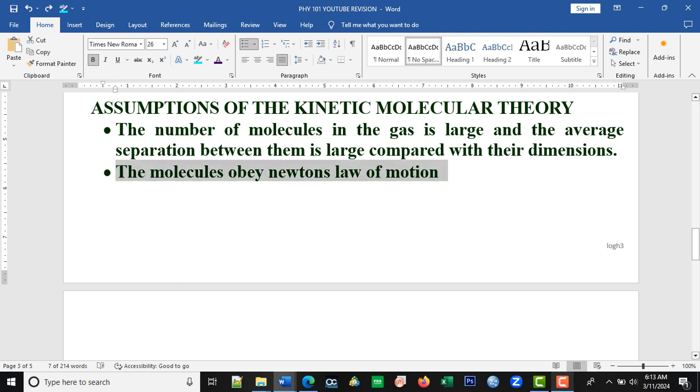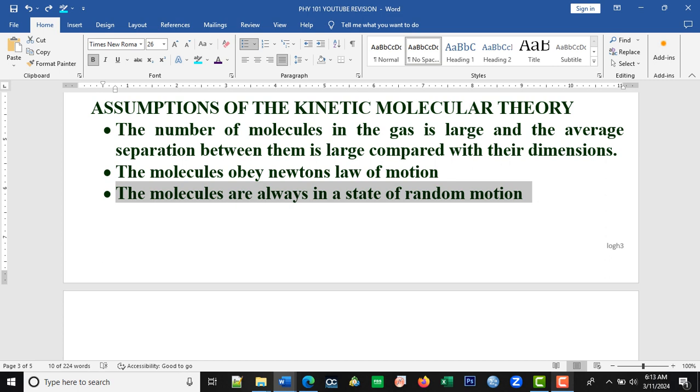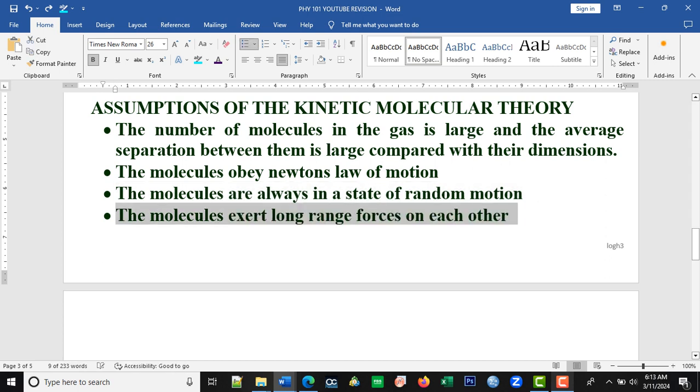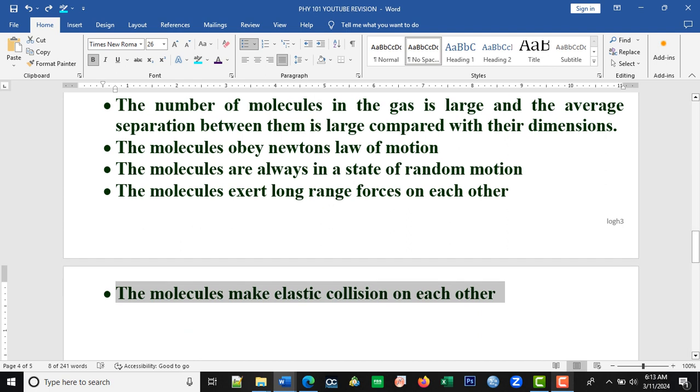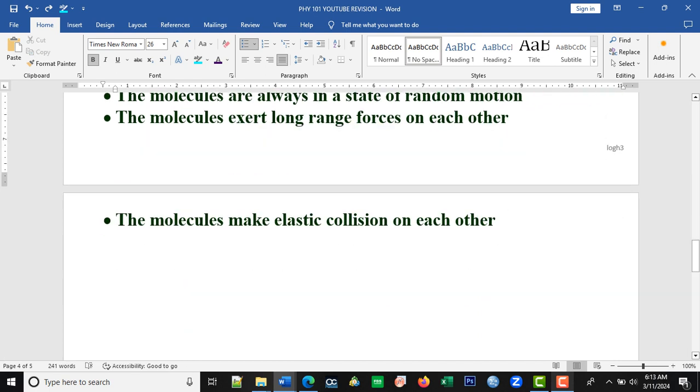The other assumption also says that the molecules obey Newton's law of motion. The molecules are always in a state of random motion. The molecules exert a long-range force on each other. The molecules make elastic collision on each other.